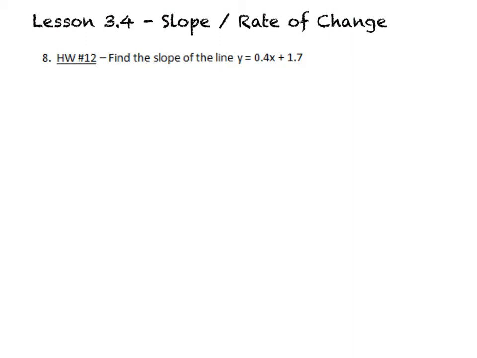If we're given an equation, it actually might be the easiest of the three. So let's talk about this real quick. First of all, in order to use this method, it has to be in this form. Y equals mx plus b.